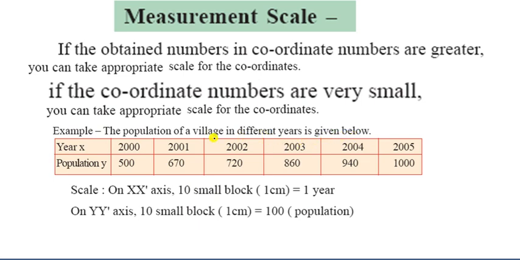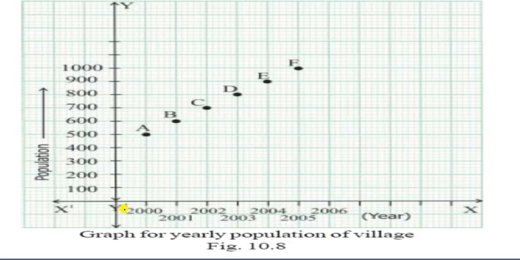Let us see an example. The population of a village in different years is given below. The years are the x values and the population is the y values. X is given as 2000, 2001, 2002, 2003, 2004 and 2005. These are represented on the x-axis.